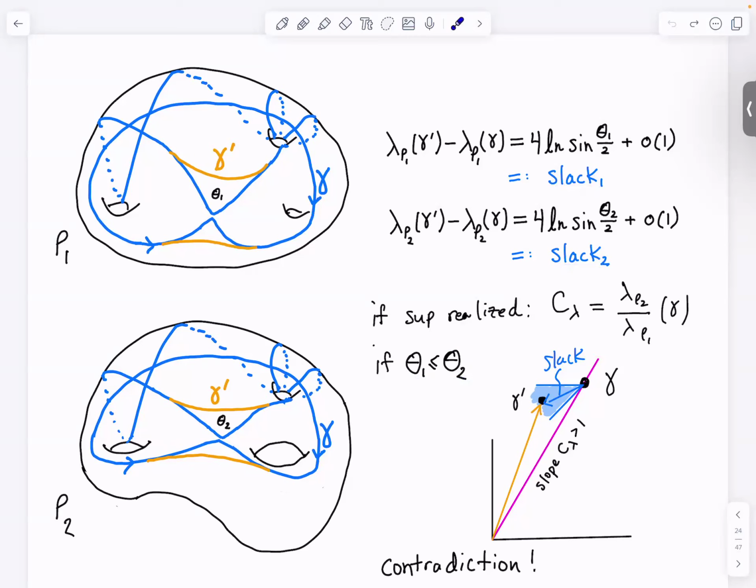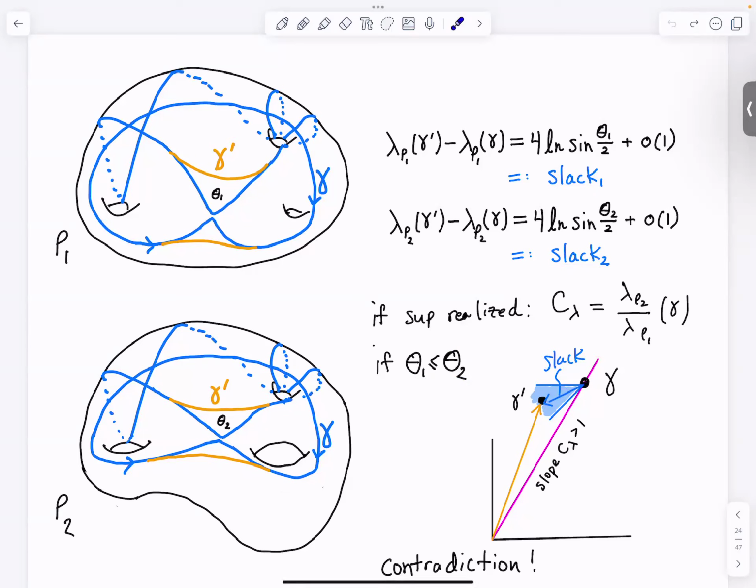Both the curves are getting shorter. But if I draw them as a vector, it has slope. It has sort of negative slope. Well, sorry, it has positive slope, I guess, but smaller than 1. Okay, this is a little confusing, but you can trust me that I've got the monotonicity right here.